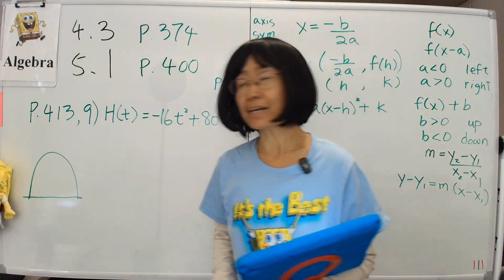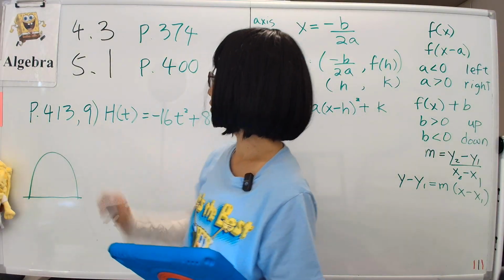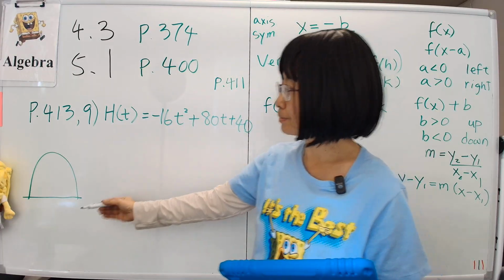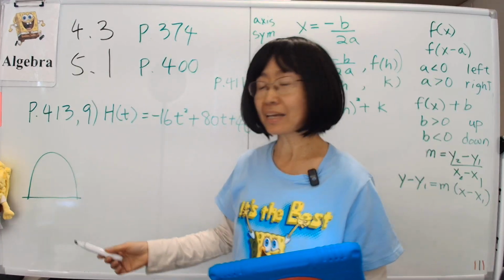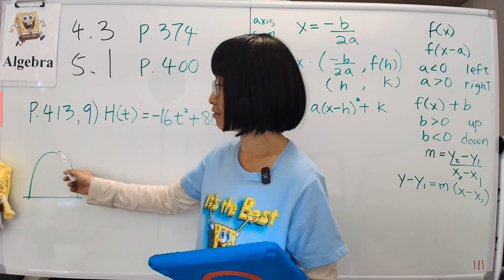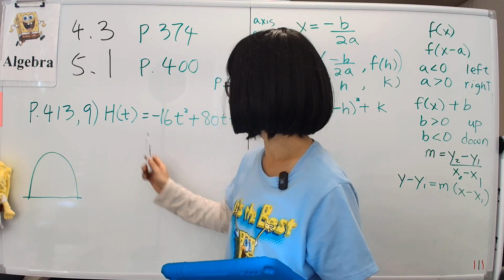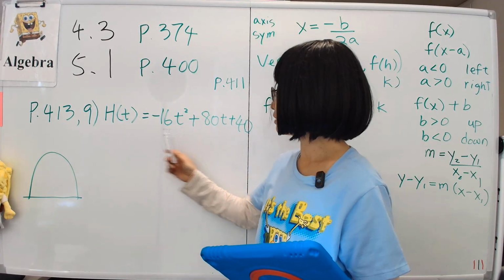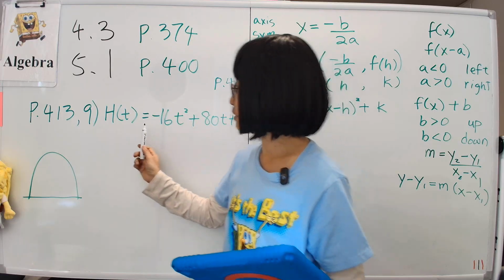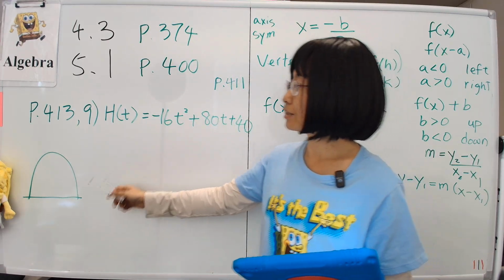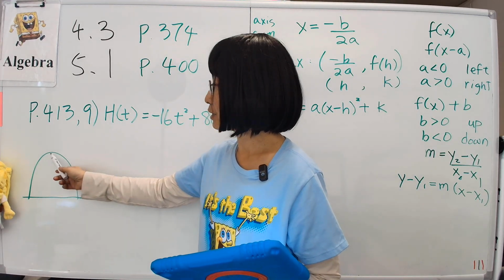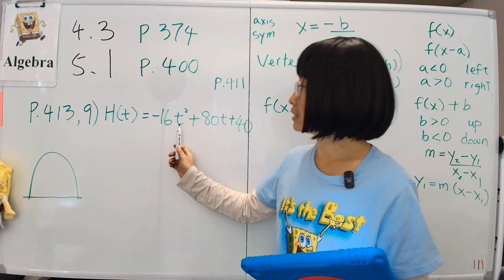So next, let's look at example 9 on page 413, where a ball is being thrown in the sky and comes back, and we'll assume that it follows a parabola path. We'll simulate the parabola like this. Now that we have the equation, we will calculate when it hits the maximum. The t stands for time.